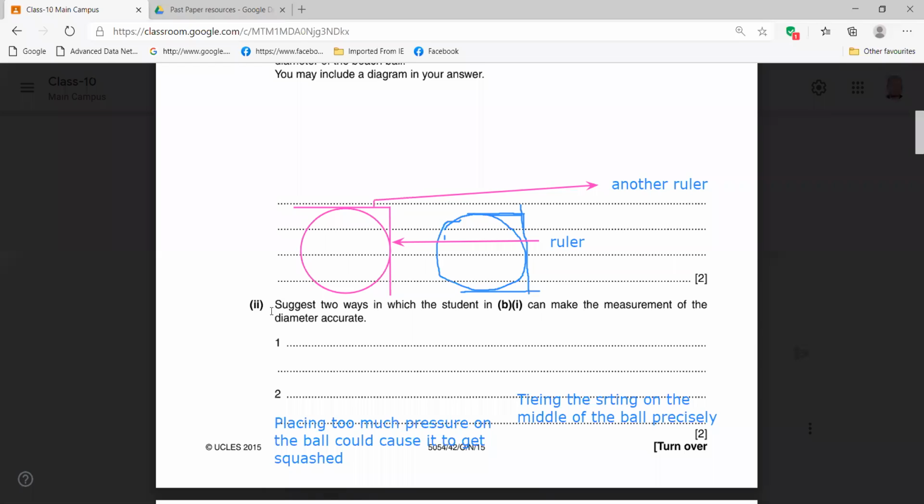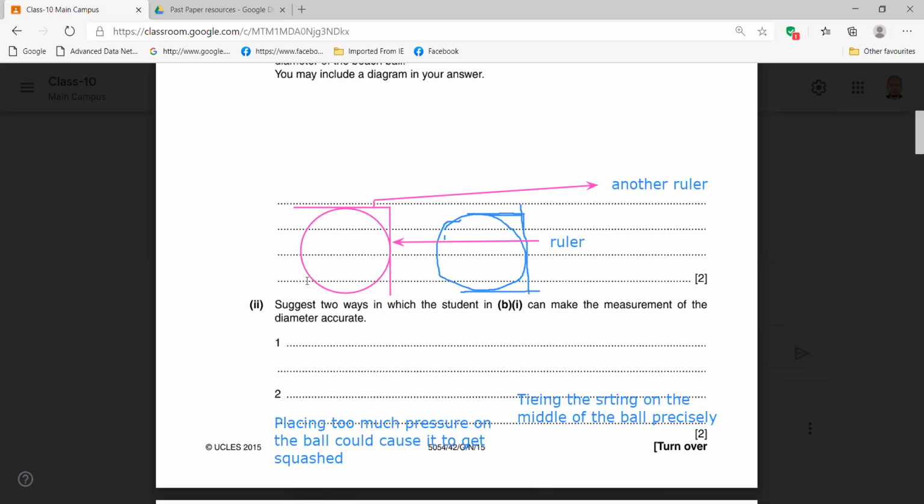Let us read it first, then you see. Farhan, can you read loudly? Suggest two ways in which the student in B can make the measurement of the diameter accurate.